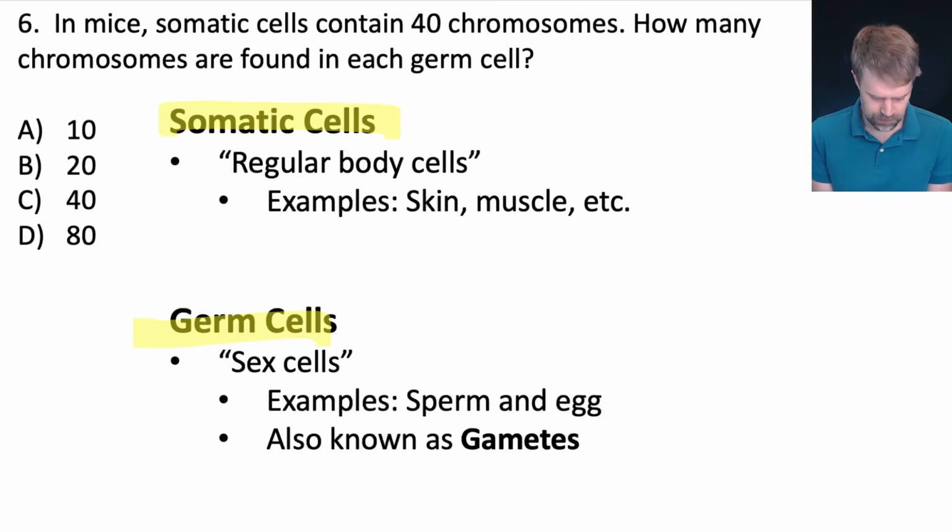The most important thing to know about somatic cells and germ cells for this question has to do with their number of chromosomes. And the simple story is that somatic cells have twice as many chromosomes as germ cells. Somatic cells are called diploid.